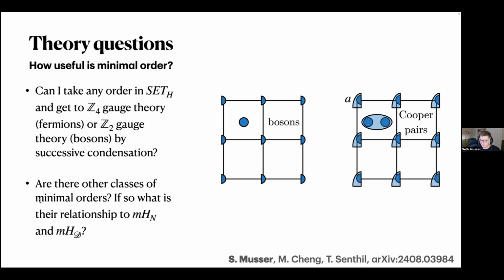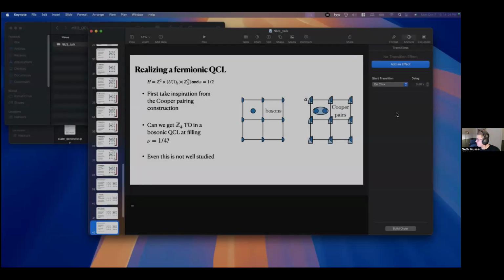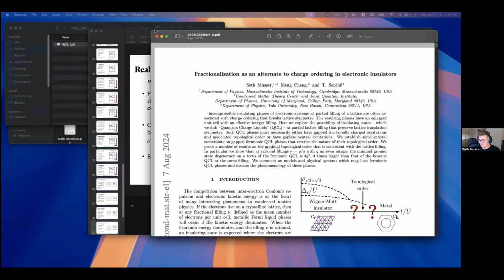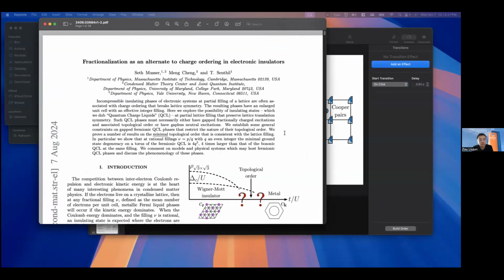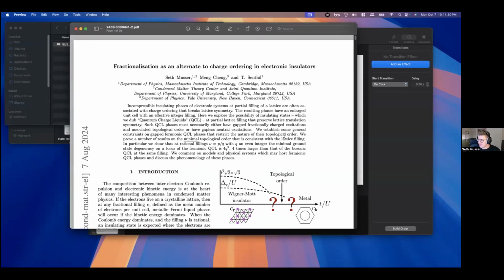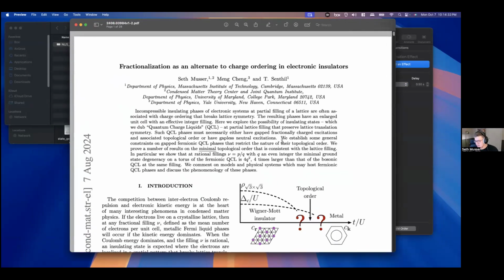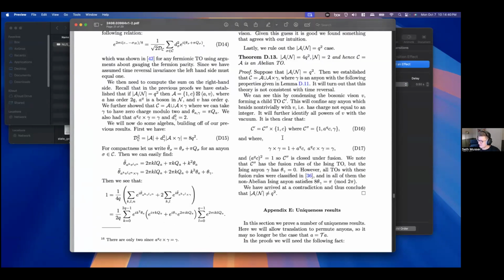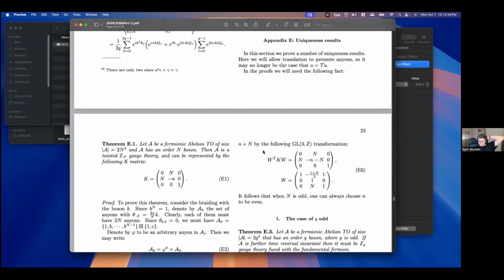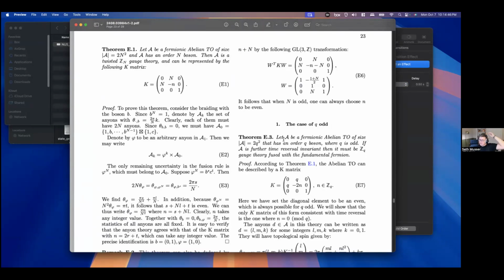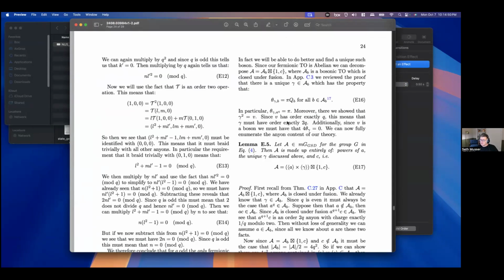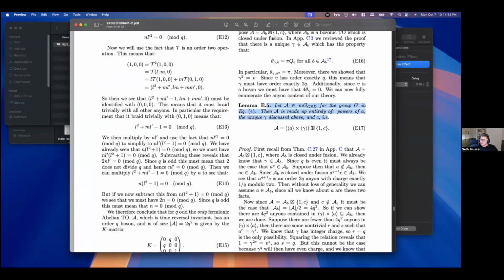So why don't I, if you don't mind, can you still see my screen? Yeah. I'm just pulling up the paper because I figured that some question like this may come up, and I would just scroll to the appendix. So what you can do is construct, you know that your theory is abelian.